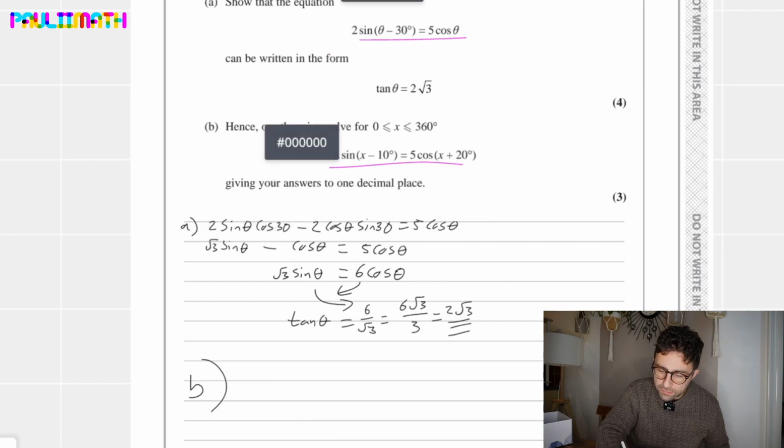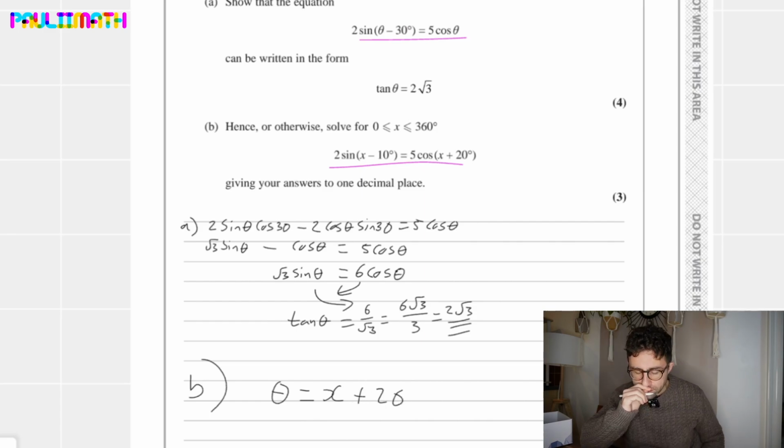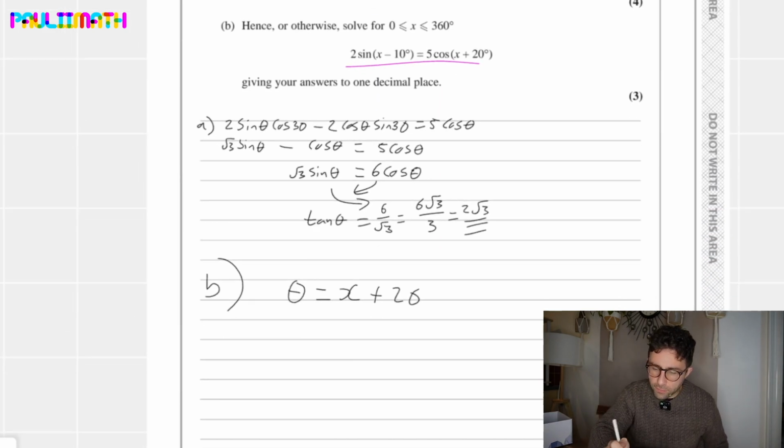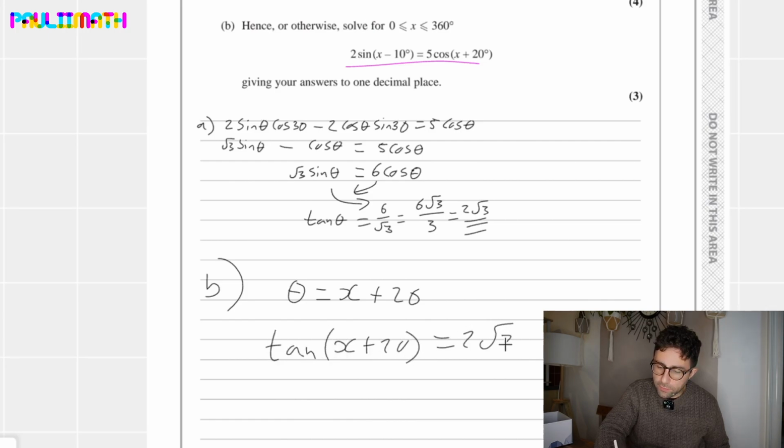What's happened is theta equals x plus 20. So really, we are solving tan of x plus 20 equals 2 root 3 between 0 and 360.